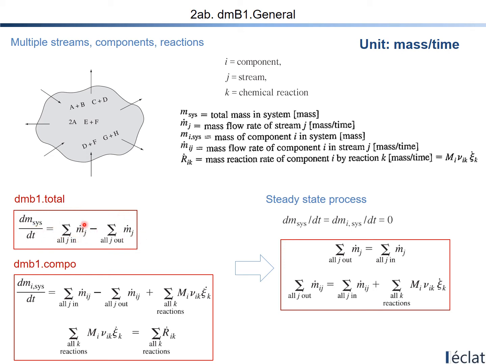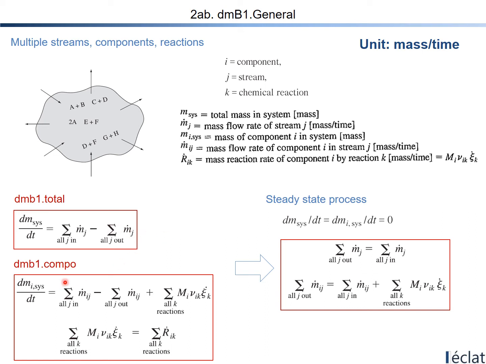All flow rates for input and all flow rates for output should be summed. Of course, from the viewpoint of total amount, you don't need to think about the generation minus consumption term.